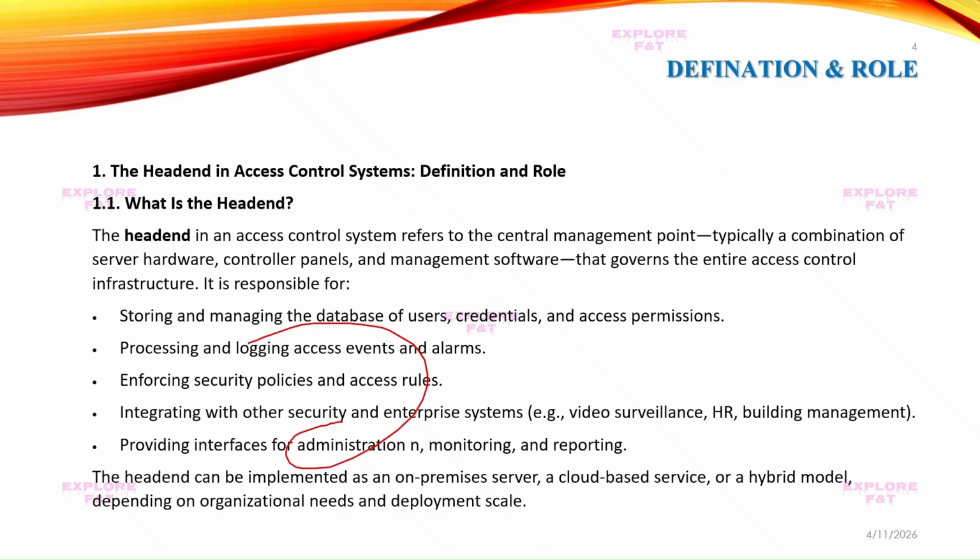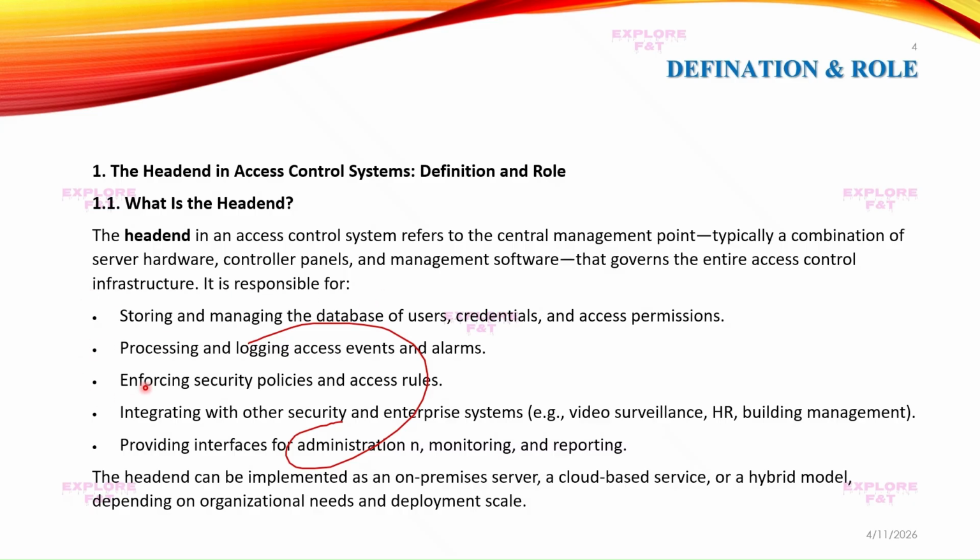Here is the definition and roles. So what is head end? The head end in an access control system refers to the central management point, typically a combination of server hardware, control panels, and management software that governs the entire access control infrastructure.